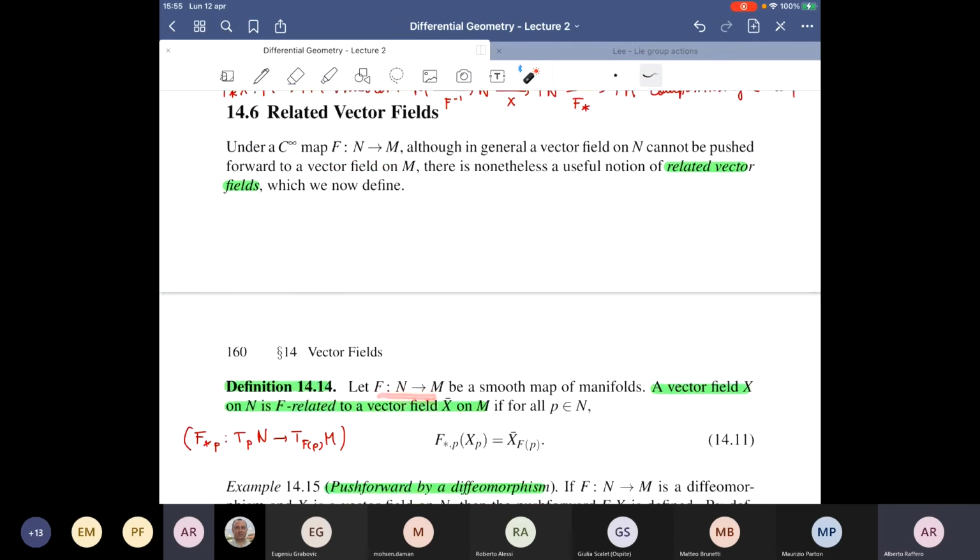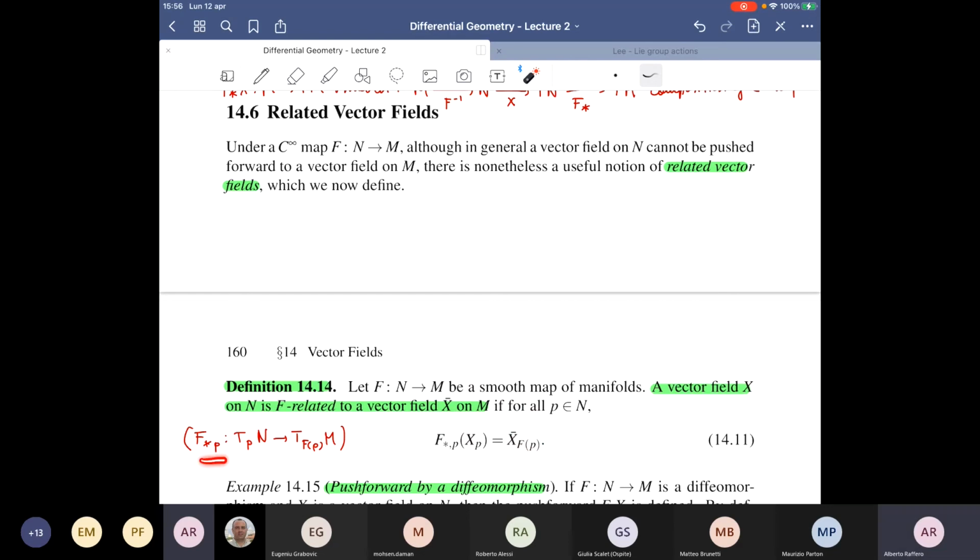So starting with a smooth map, consider a vector field X on the domain, so on N, and we will call X a vector field which is F-related to a vector field X-bar on the manifold M, if for every point p of N, the image of X_p with respect to the differential of F at that point is precisely the value of the vector field X-bar at the point F(p).